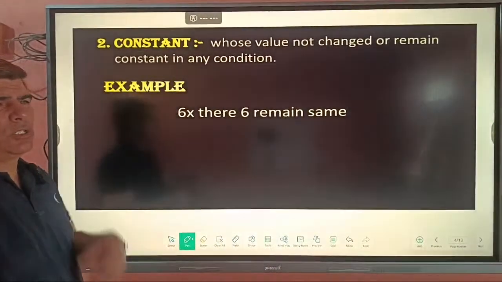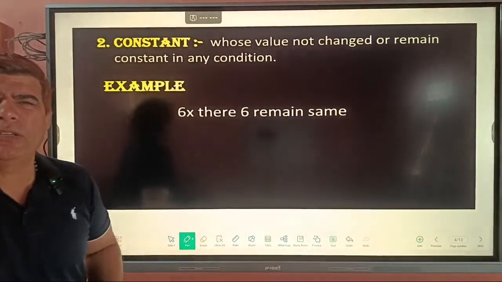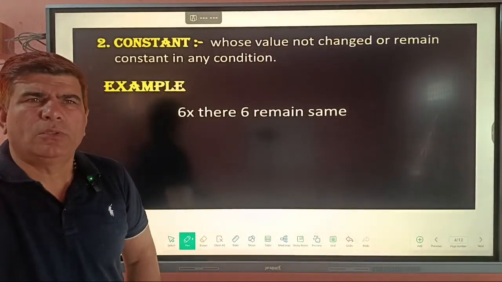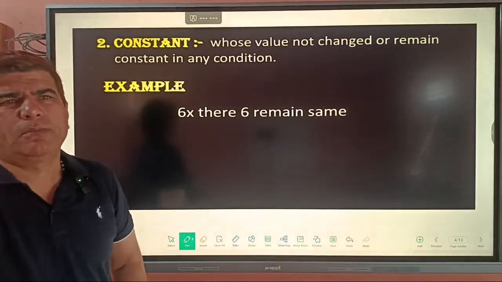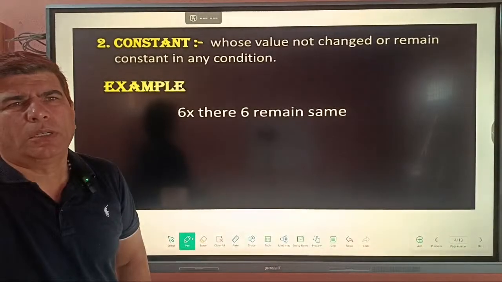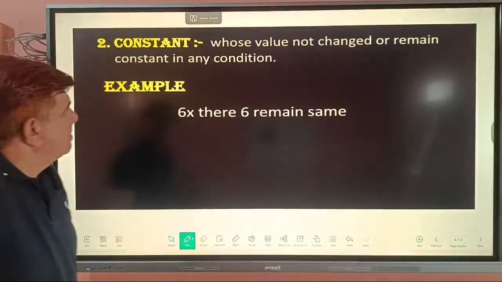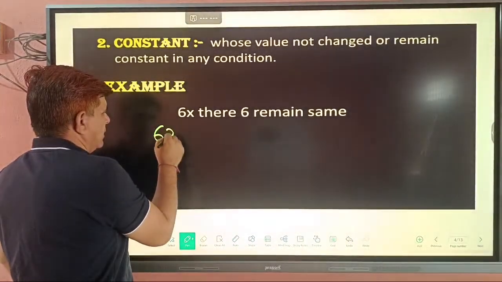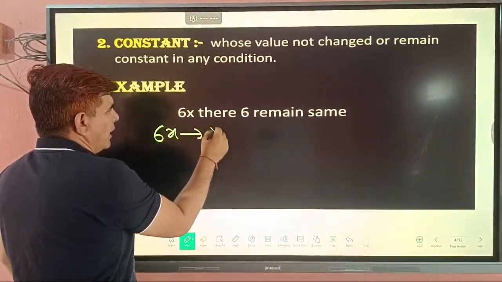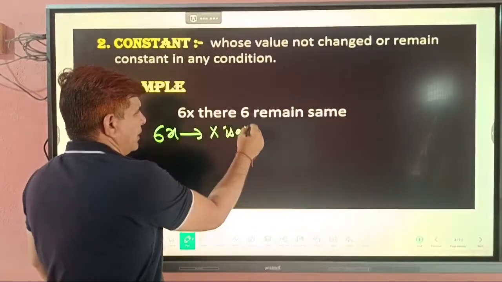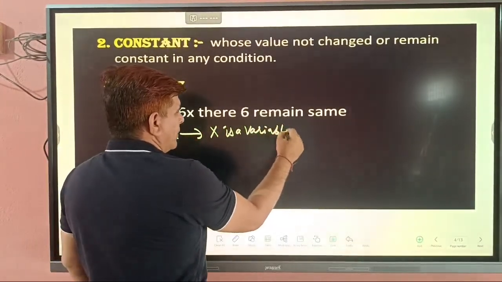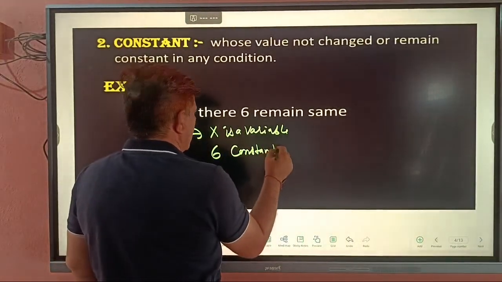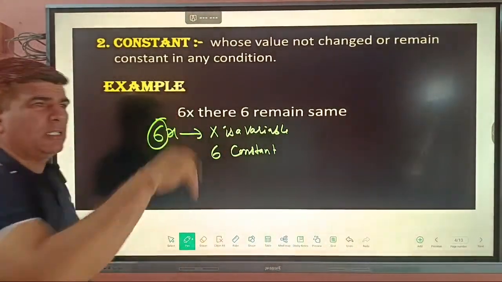Then the next definition is constant. A constant is the opposite of a variable; it remains the same in all conditions, and its value does not change. Understood? So we have 6x. I told you x is a variable here and 6 is a constant. 6 never changes, its value remains the same.